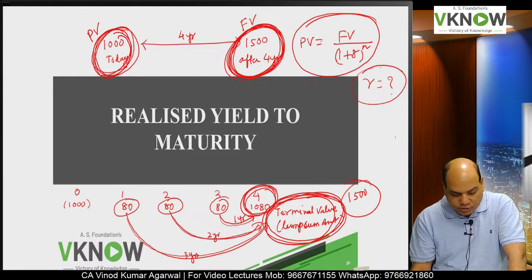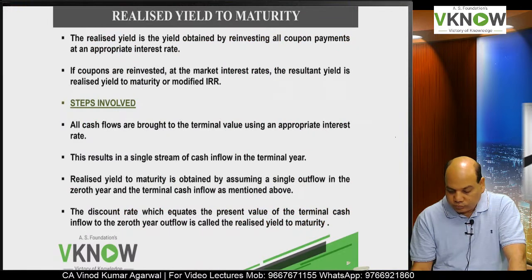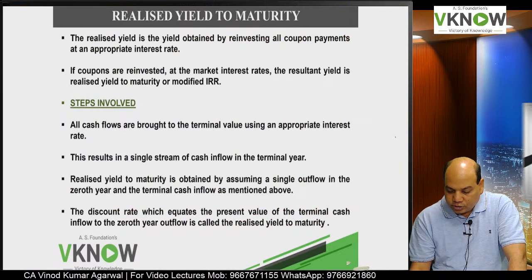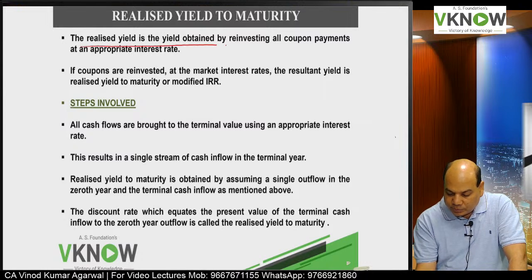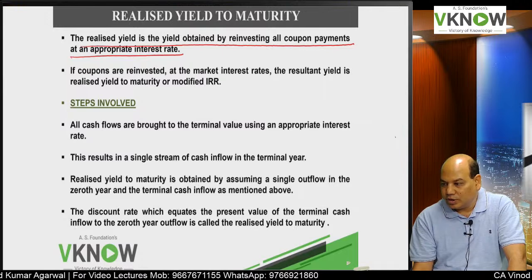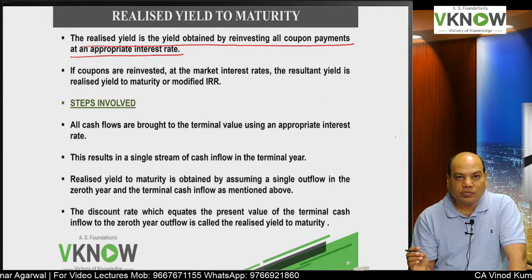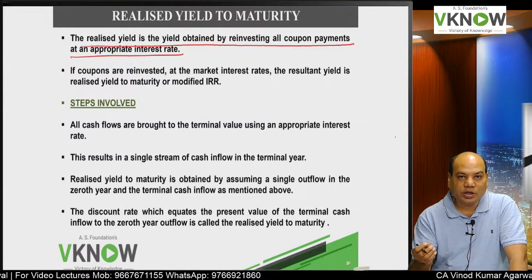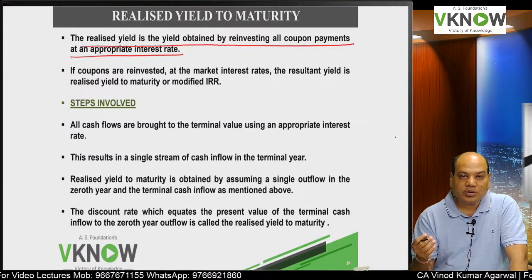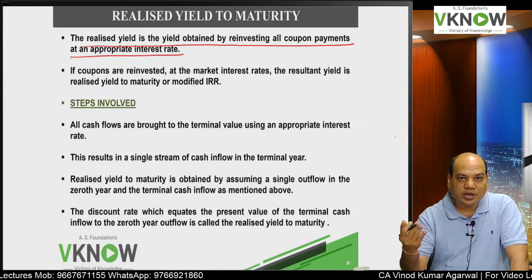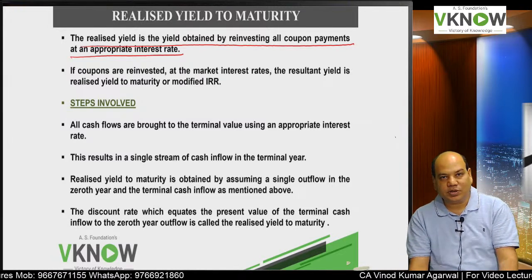Okay, so first we'll read this theory note already written in the book, no need to write. The realized yield is the yield obtained by reinvesting all coupon payments at an appropriate interest rate. In case of YTM, what happens? You may get YTM of 13.6%, but it is not possible that all cash flow will be reinvested at the same 13.6%.